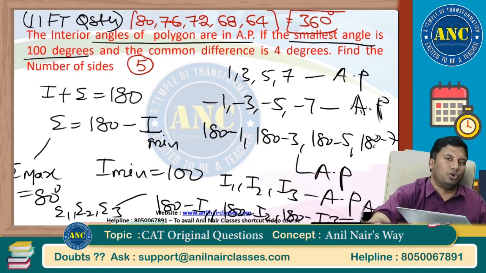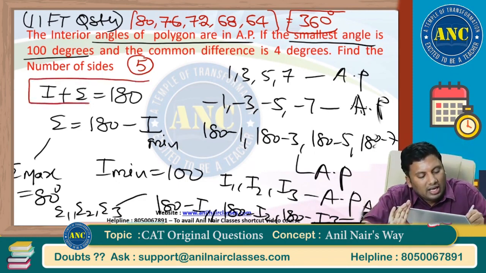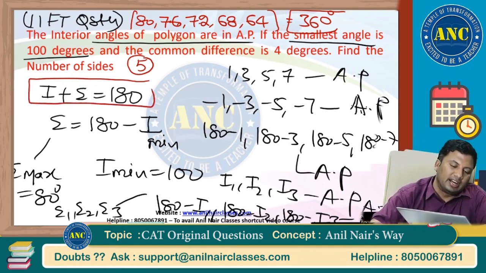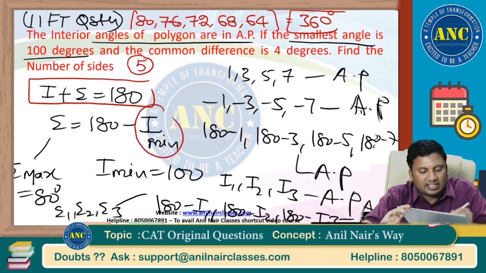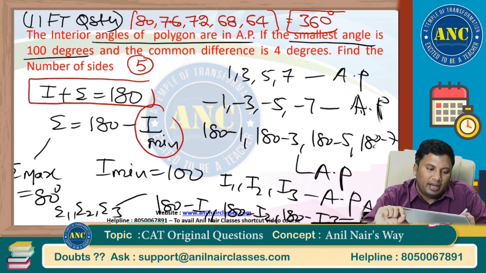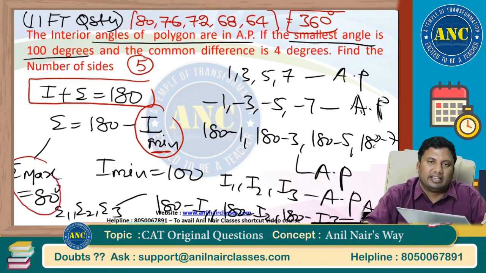Non-formula based approach, logic based approach. The only thing you should know is that interior plus exterior is 180, so exterior is 180 minus interior. Interior minimum angle is 100. Exterior maximum angle is 80.